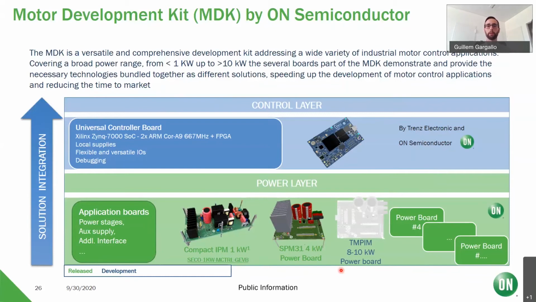This will be available in Q4. With this, we can have a universal environment for all the different power boards. This will also enable us, and our customers, with a similar set of control features, to analyze different power boards and different product lines.